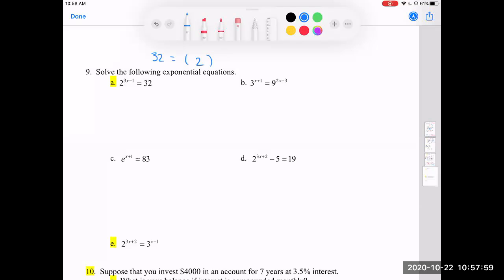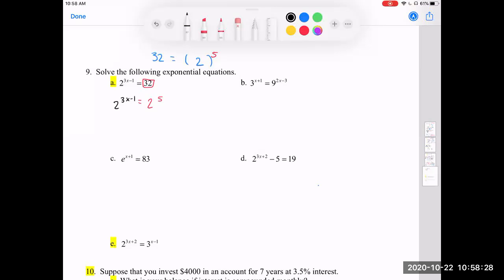2 to what power gives you 32? And you can take a moment and kind of play with your numbers. So 2 to the 6th power doesn't work. 2 to the 5th power, that works, right? So 2 to the 5th power is 32. So let's go ahead and replace this 32 with 2 to the 5th power.